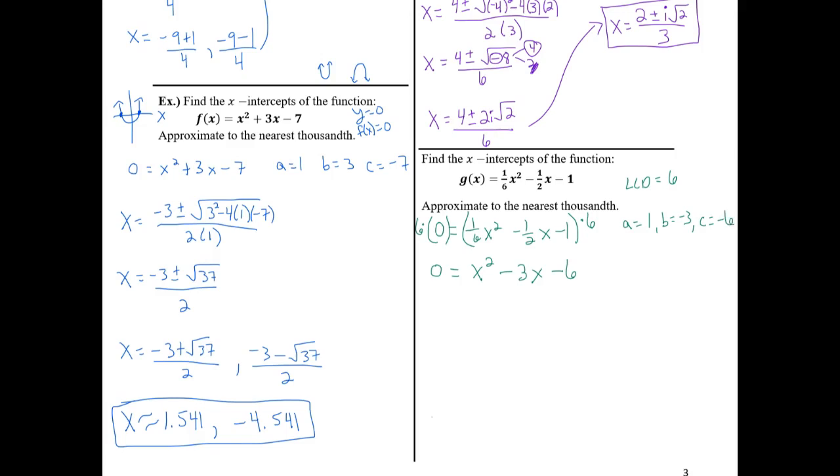And that's what I'm going to plug into my quadratic formula. Negative b, so negative 3 would be positive 3, plus or minus the square root of b squared minus 4 times a times c, all divided by 2 times a.